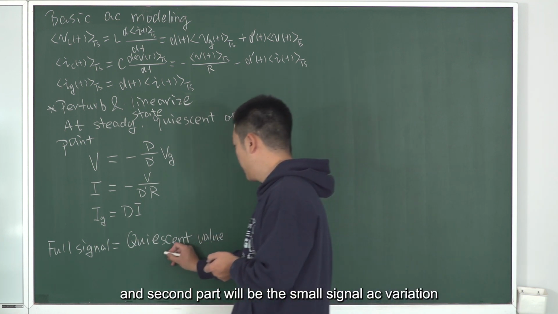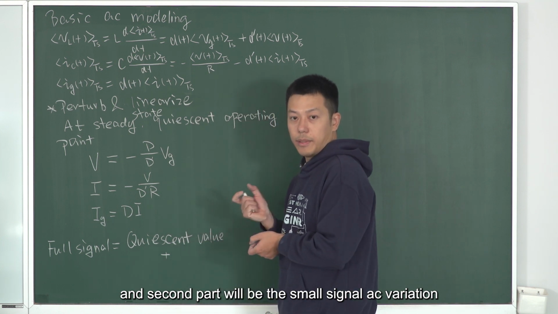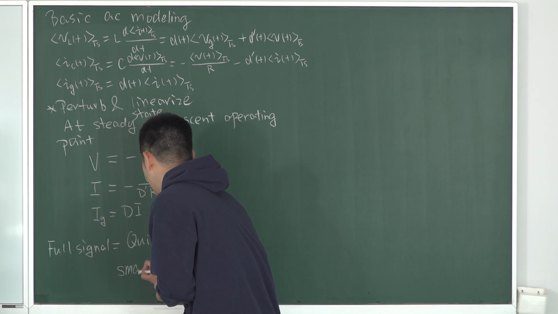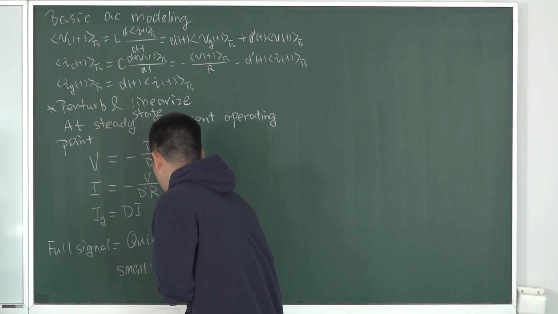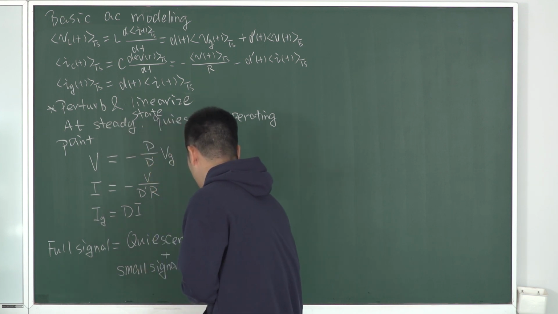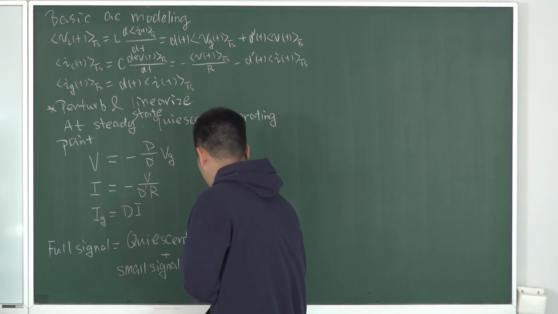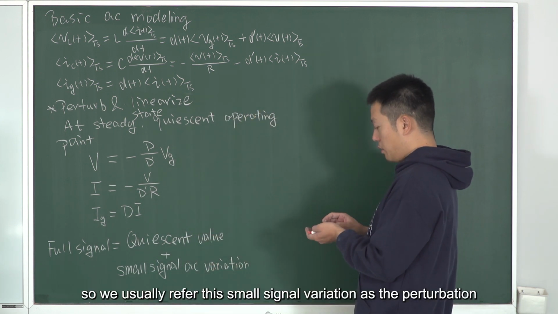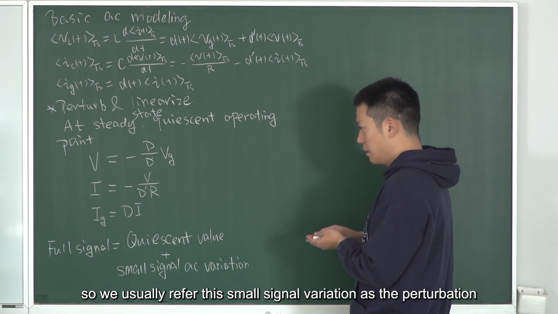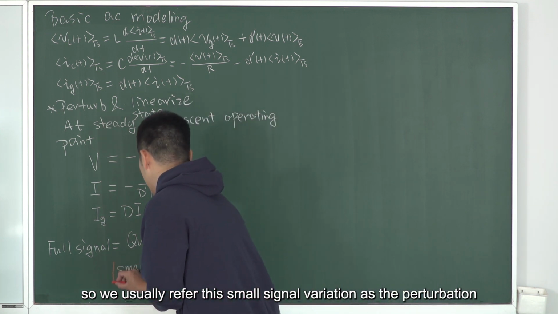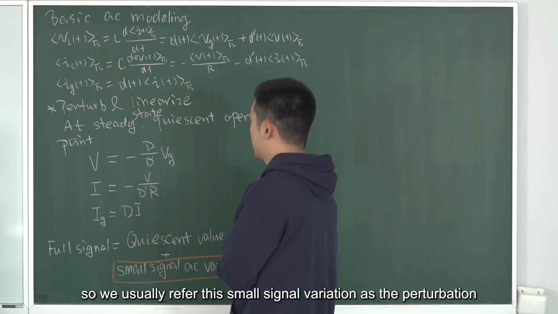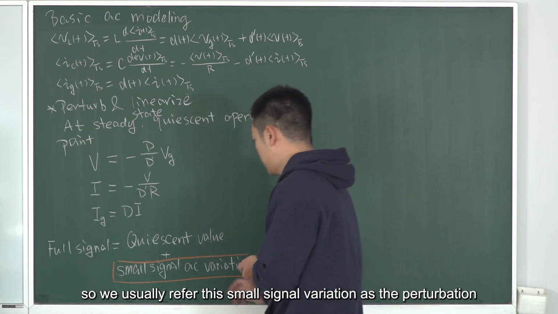And the second part will be the small-signal AC variation. So we usually refer to this small-signal variation as the perturbation.